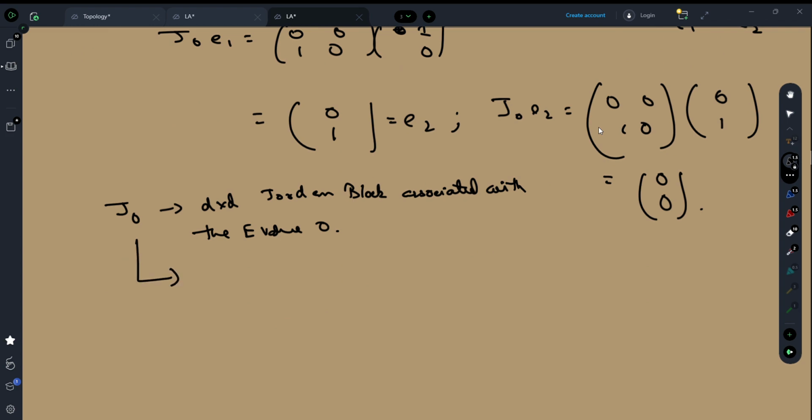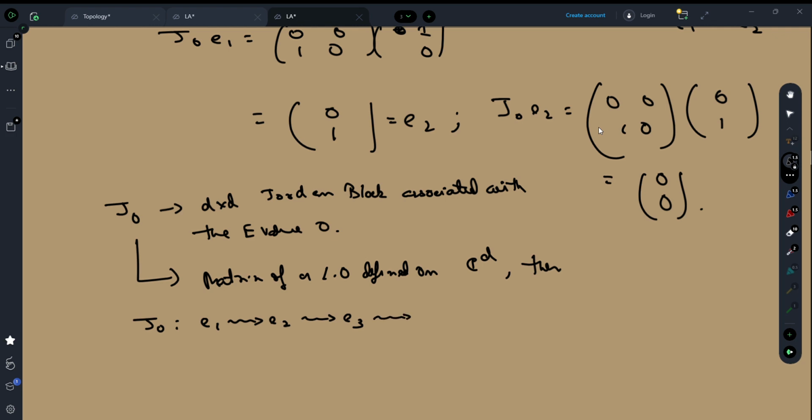Then if you consider this as the matrix of a linear operator defined on, say, C^D, then the way this J0 acts is, it sends E1 to E2, E2 to E3, E3 to E4, and so on it continues till you reach ED, and then it sends ED to 0.